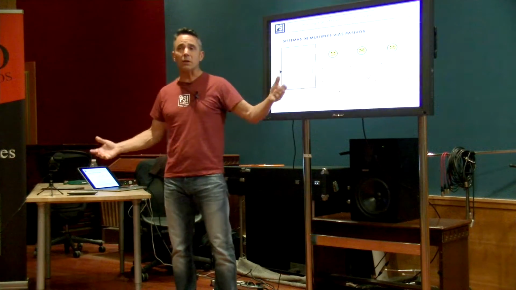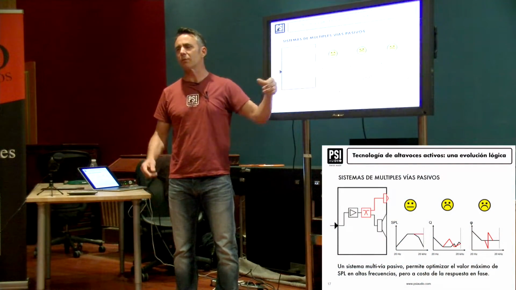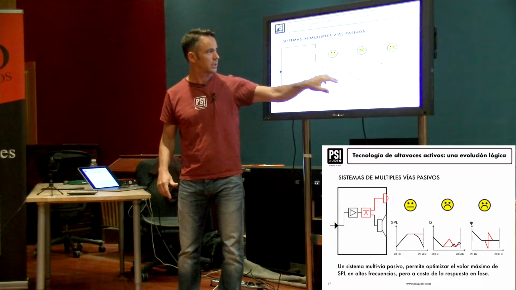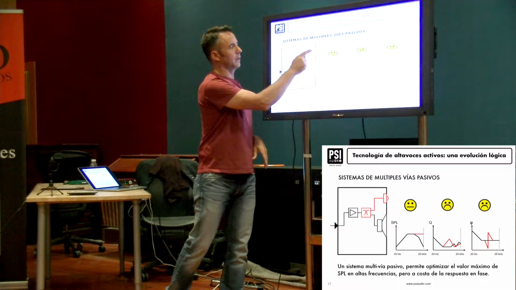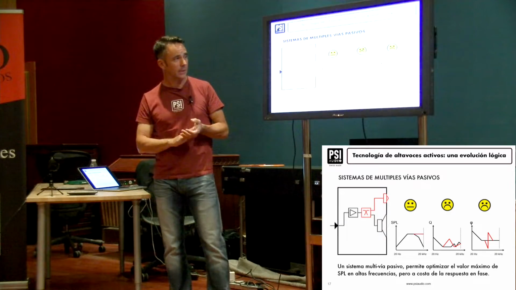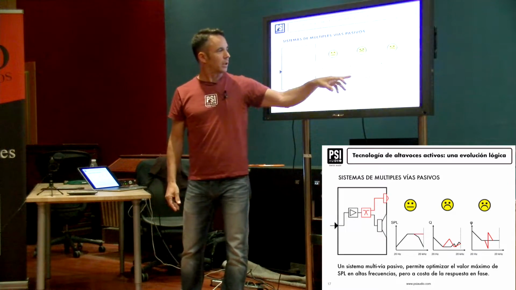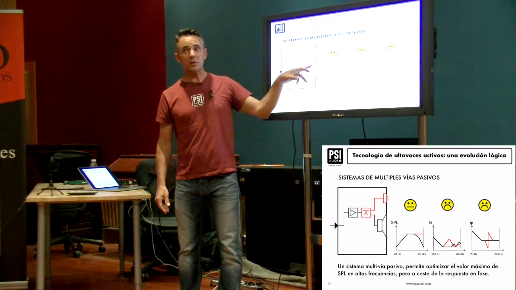The first thing is the bandwidth. So you want to go higher. Here you can add another driver that's perfectly adjusted to these higher frequencies, and then you have to have a crossover filter that makes sure that what comes out of here and here is totally flat, and you get a good response. I think Robert explained that. This amplifier is not perfectly adapted to this driver or this driver.